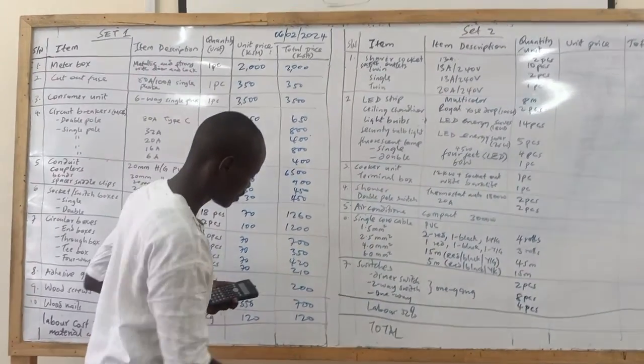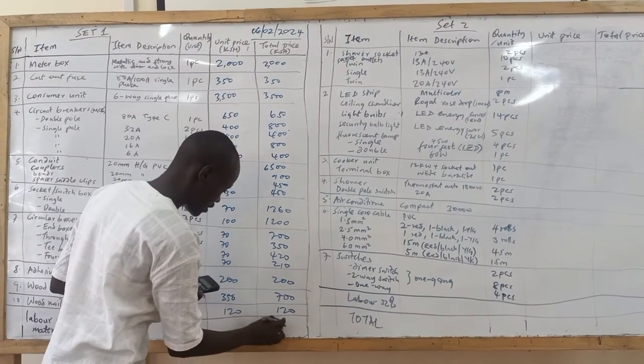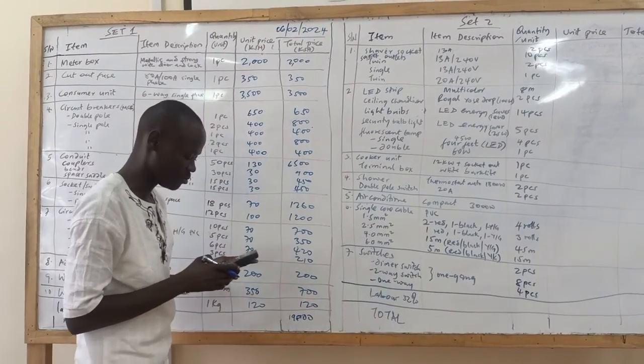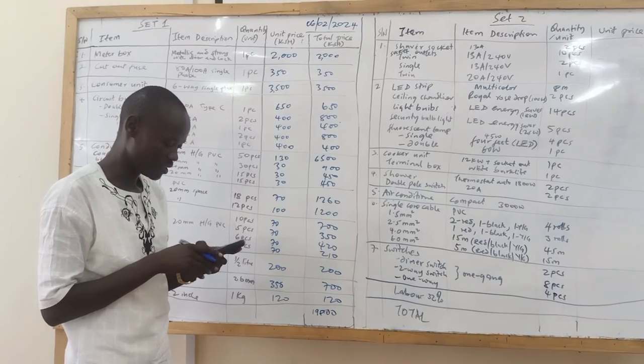So the total material cost here is 19,800. So you do 30%, so 30% times 0.3.